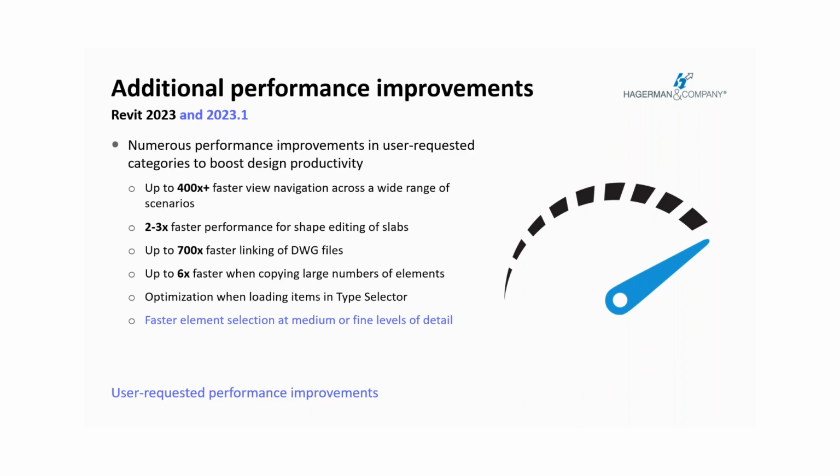So for view performance, Revit 23 added several enhancements to significantly improve overall view performance. As far as the UI optimization, UI components were optimized to reduce unnecessary background graphics regeneration during navigation.